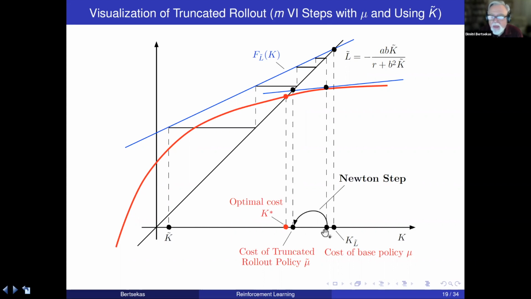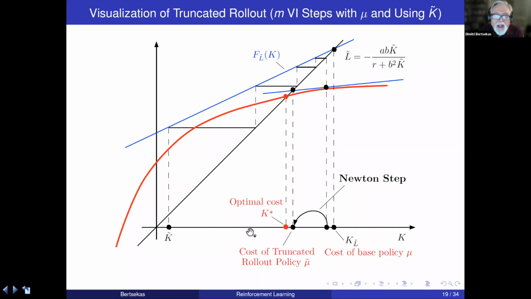It works within the region of stability, within the region of convergence of the method, and it will go towards K star as long as we are within the region of stability. So that's what helps the Newton step. The Newton step works very fast, very well from a large region.